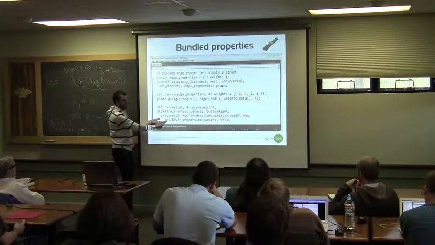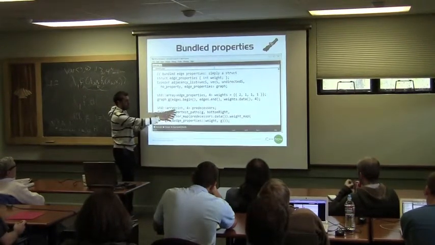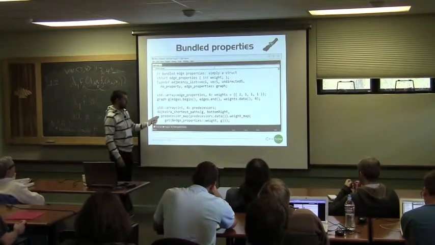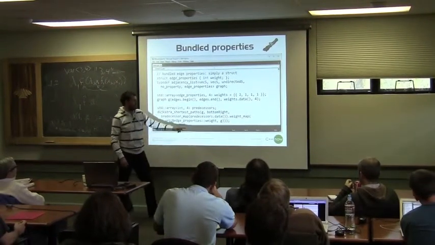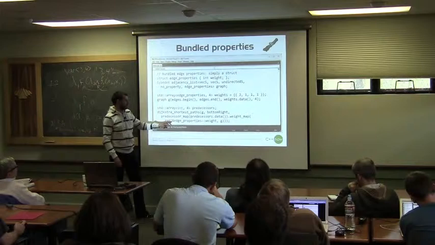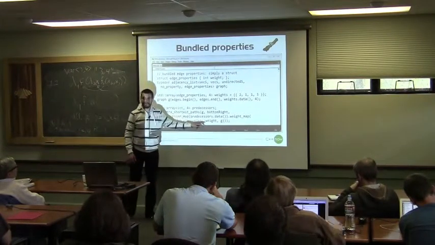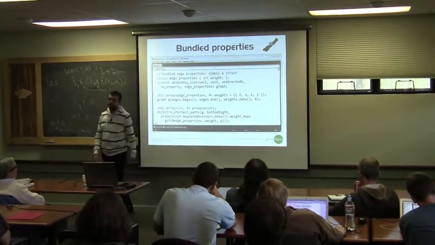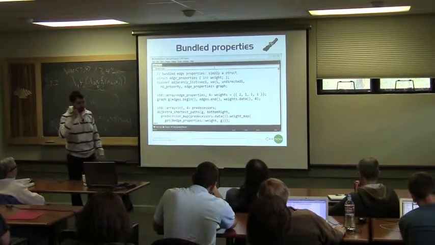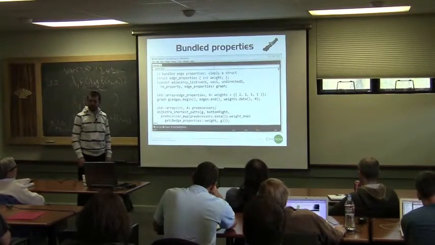And then I have to call get again and tell this weight map function, you will find the weights in the graph, in the struct EdgeProperties, in the member variable weight. And then the algorithm understands where it has to look up the weights for the edges.